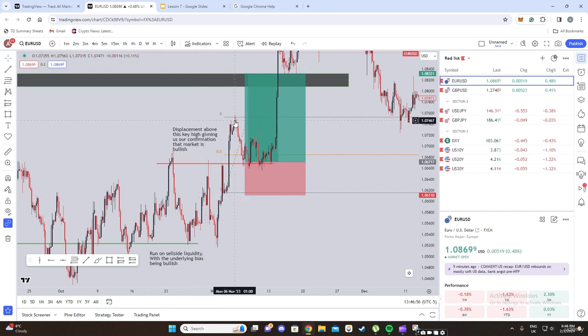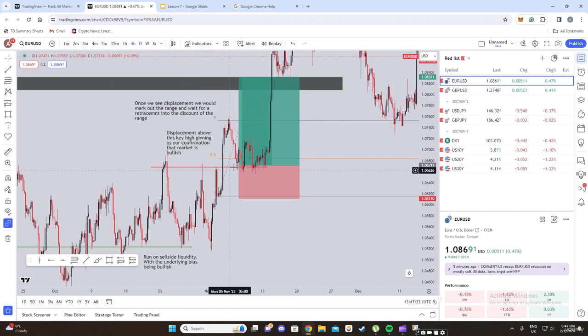So once we've seen that displacement, we'd mark out the range. Once we see displacement, we would mark out the range and wait for a retracement into the discount of the range. Pretty simple, pretty straightforward.